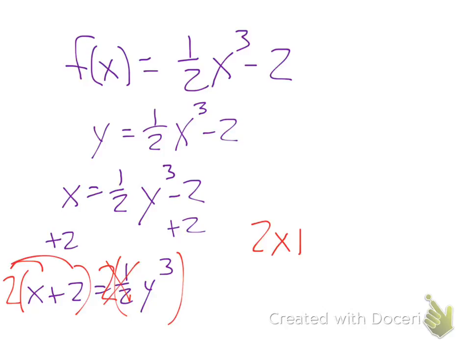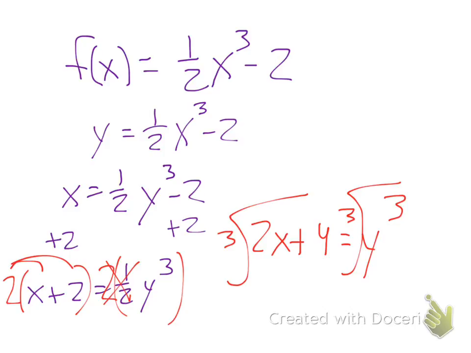So 2x plus 4 is equal to y cubed. To get rid of a cube, take the cube root of both sides. So guess what? We now just found y inverse, right? Technically, because we got y by itself.